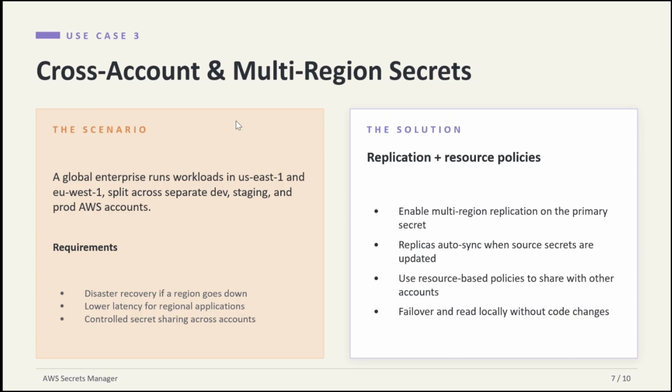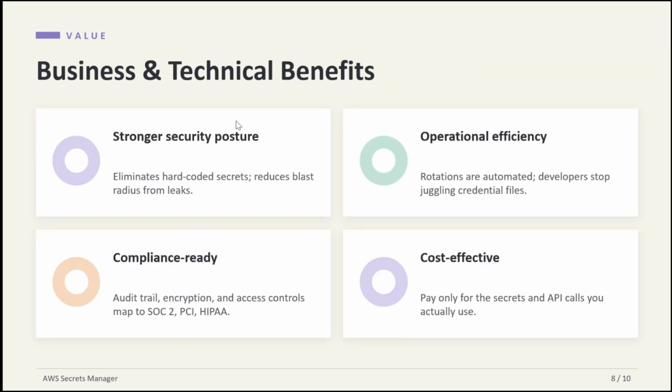Instead, the DR tool or service can access the secret from Secrets Manager, and it will take care of the replication and access. So we can also use it for cross account or multi region secrets, and these secrets can also be replicated to the secondary region. If the primary region goes down, the secrets can be retrieved from the secondary region also. Rotation is also there.